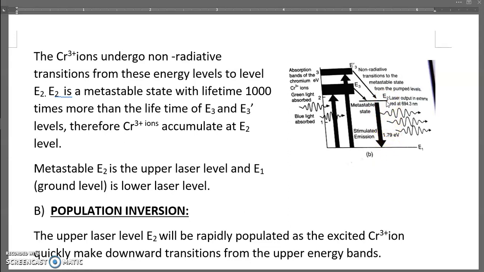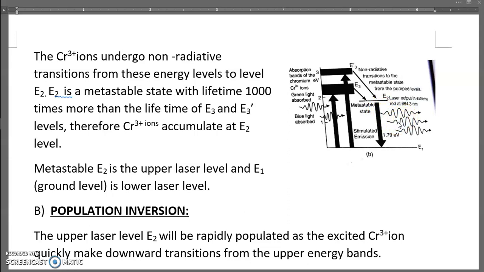Once the population inversion is set up, a chance photon, that is a photon emitted spontaneously from the metastable state E2, can trigger the chromium ions to produce more stimulated emissions.